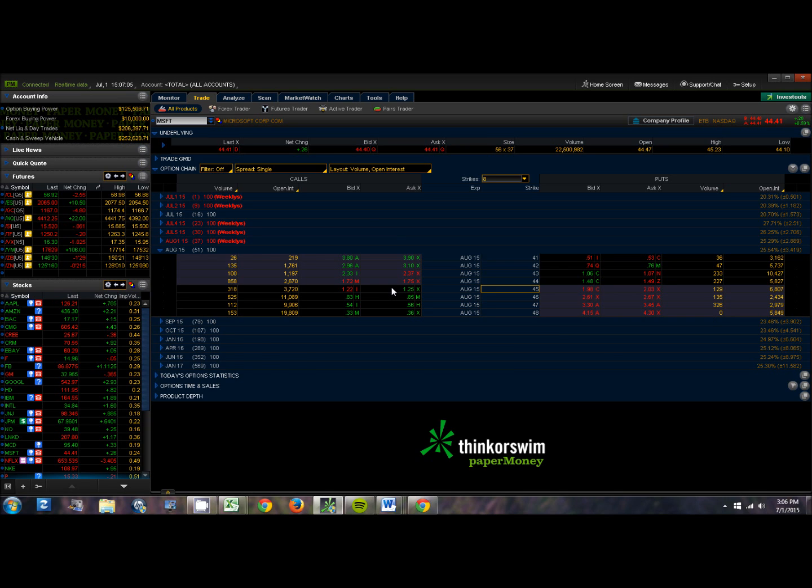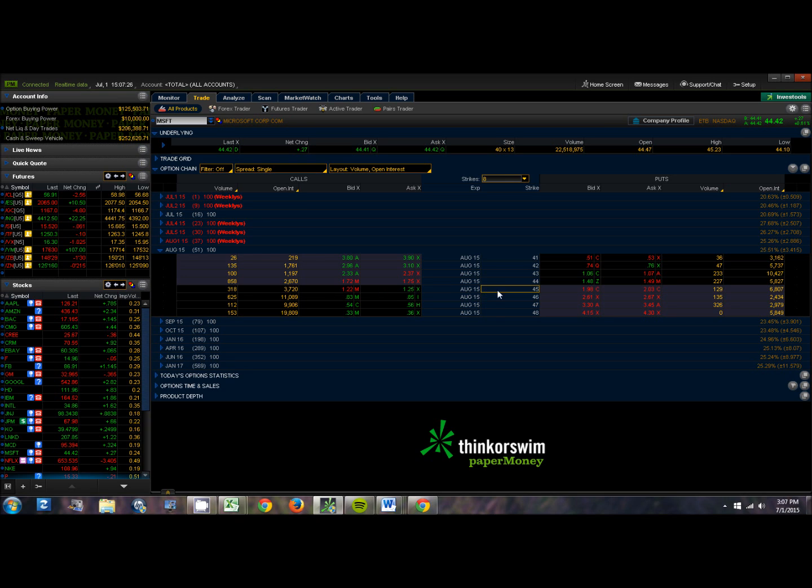So if I wanted to buy this option, I don't necessarily have to pay the ask. I could probably get filled at 1.24 or 1.23. If you wanted to sell the option, you don't necessarily have to sell it at the bid. You could probably sell it for 1.23 or 1.24. That's just another tip or trick in terms of options trading.